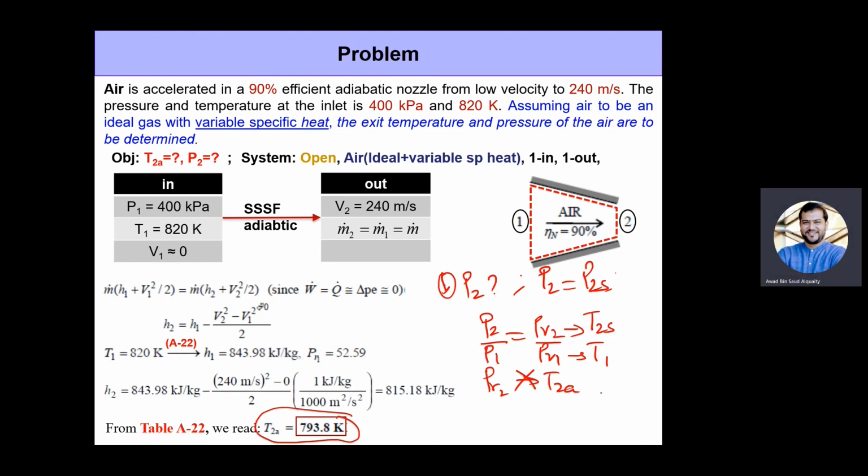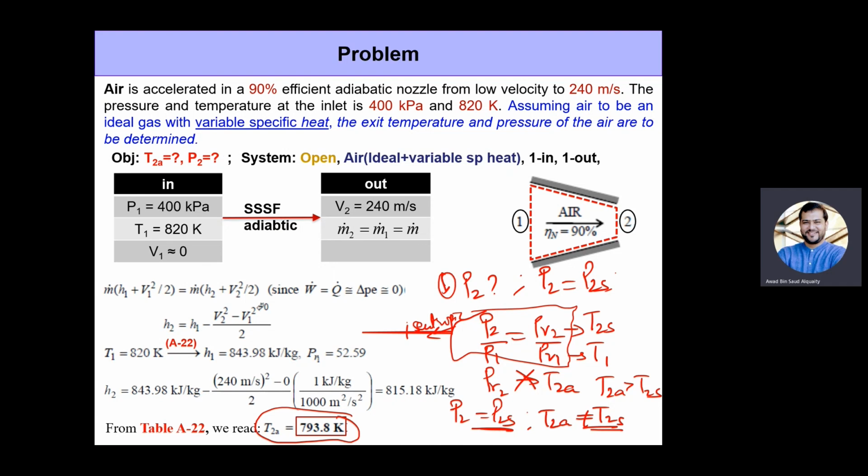Okay, we should know that T2A is going to be greater than T2S, and this, strictly speaking, applies only to an isentropic process. And we are able to use this for finding the pressures at the exit simply because P2 is going to be equal to P2S. Okay, but T2A is not exactly equal to T2S. So the first point is we need to actually get T2S.